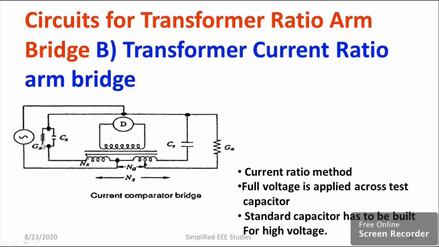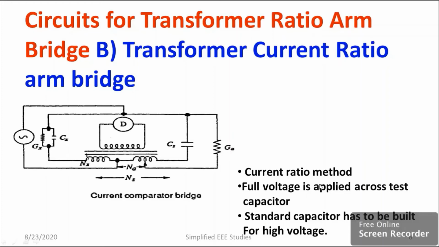Similarly, Gx and Cx represent the unknown value of conductance and capacitance, that has to be noted down, and this is the equivalent circuit of that particular test piece. Nx is representing the number of turns corresponding to arm number 1, and Ns is representing the number of turns corresponding to arm number 2. Similarly, Cs is the standard value of capacitor, and Gs, we are considering conductance instead of resistance.